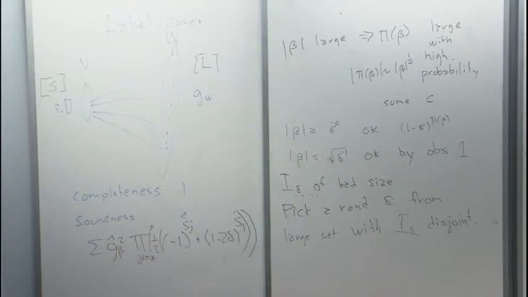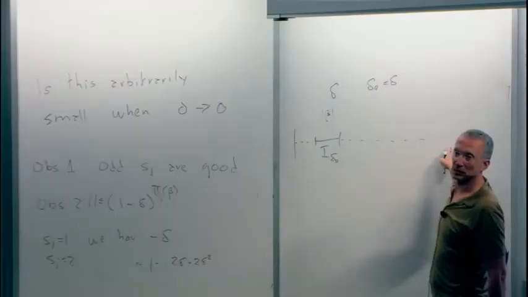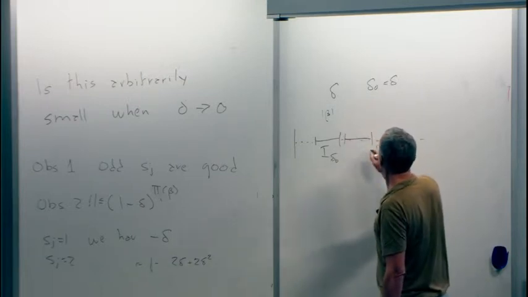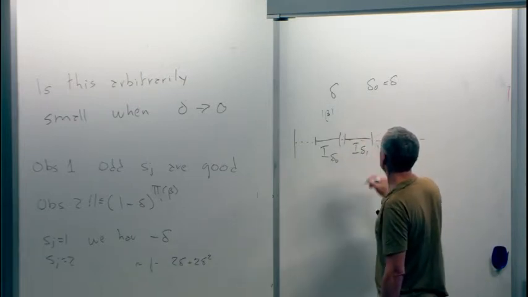On this schematic of the sizes of beta, the part of the Fourier mass that goes here won't hurt us because of the first condition, and the part that goes there won't hurt us because of the second condition. Then we pick a delta 1 such that the interval for delta 1 falls out here.